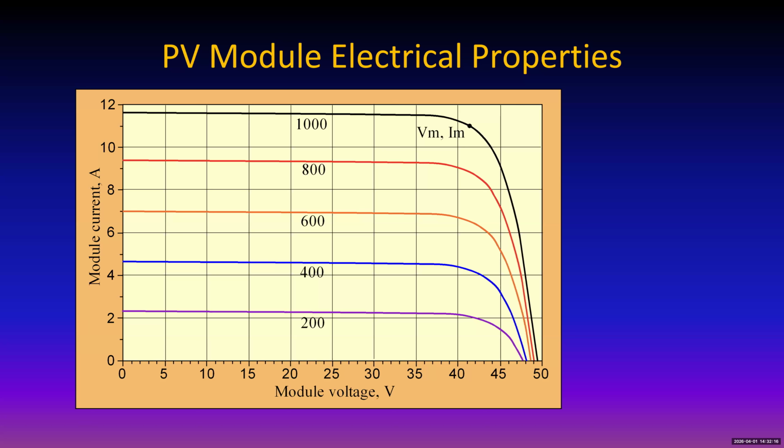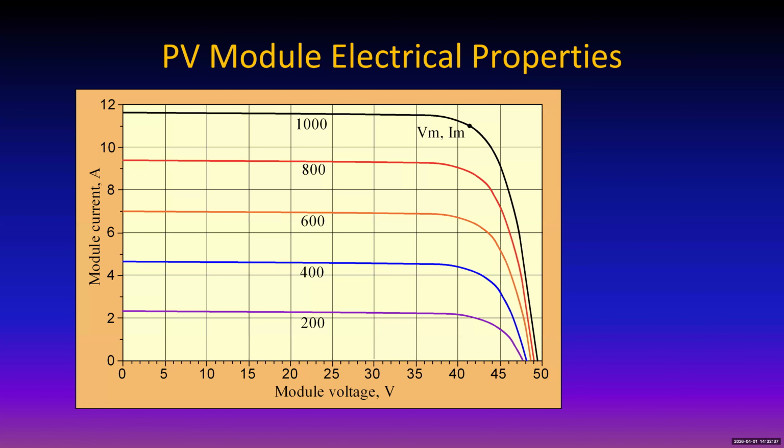You simply assume that these modules are sufficiently identical that we can treat them that way. And that's, again, part of the improvement in manufacturing technology. So notice that we have this point here, VM and IM, meaning the maximum power voltage and maximum power current.